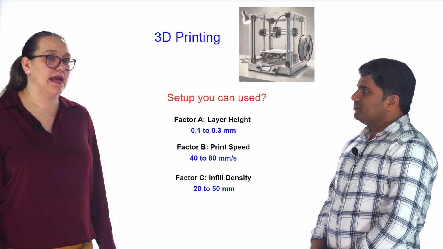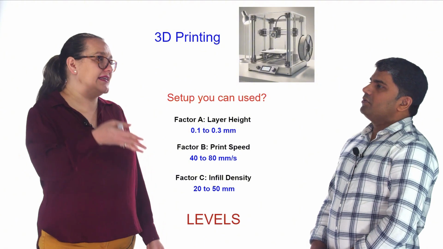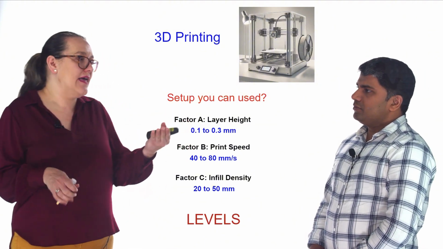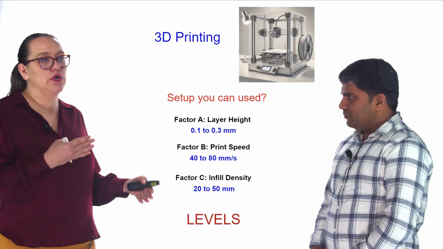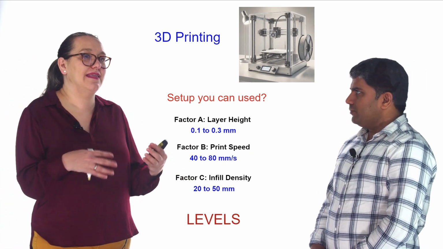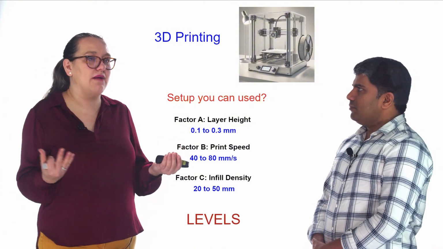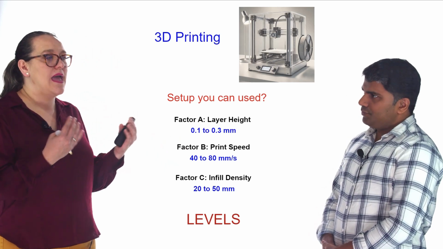Excellent. Particular values we will decide on, because as you mentioned, it's a range. Say for the layer height, we have 0.1, and maybe we test 0.2 and 0.3. Those will be the levels of that factor. In that case, we have 3 levels, and say for print speed, we have 2 levels, low and high.